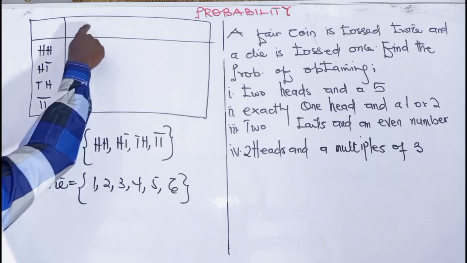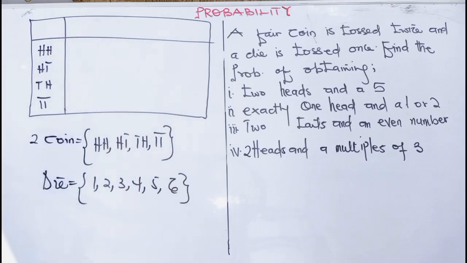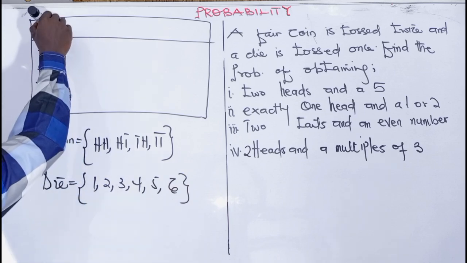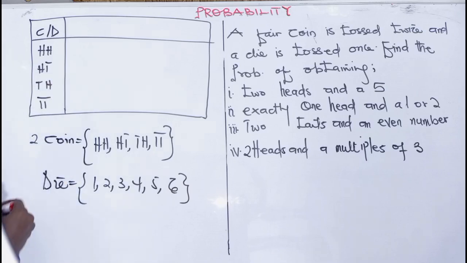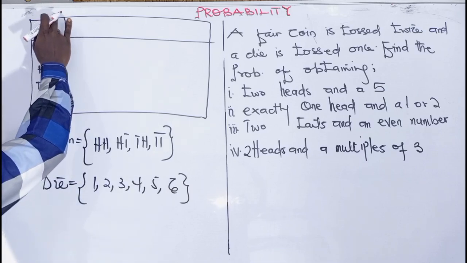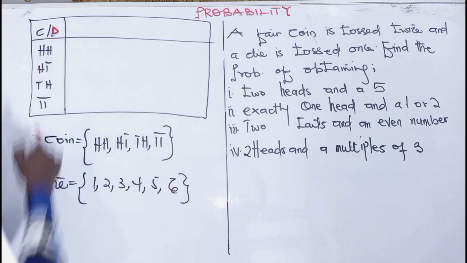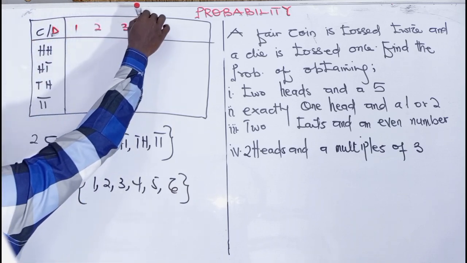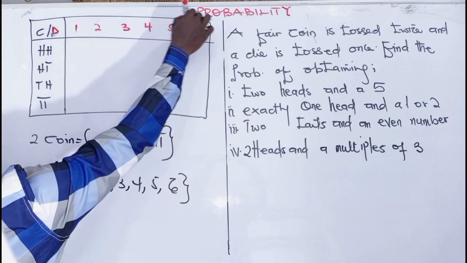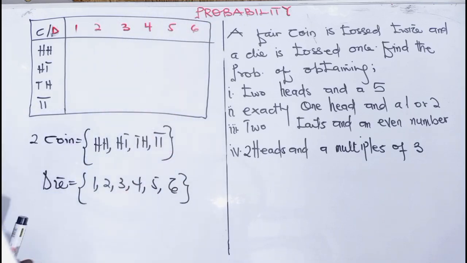And then we'll be using this row to represent all the set of possible outcomes when a die is tossed once. So we have a die and then a coin. So we have 1, 2, 3, 4, 5, and then 6. So what we'll be doing here is to pair the outcome from the toss of the coin with the outcome from the toss of the die.